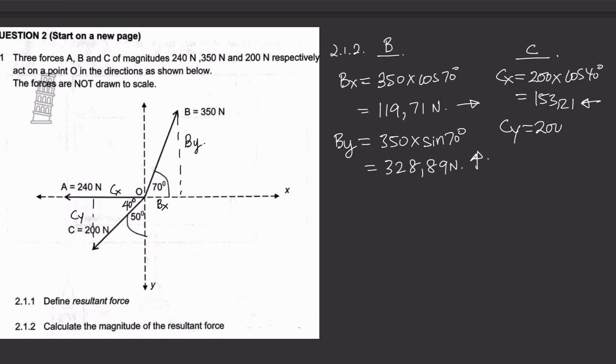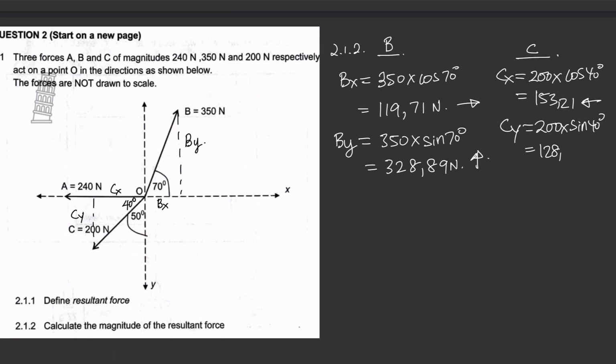Cy is 200 times sine of 40 degrees, which is 128.56, and that's pointing down. And then for A, it is simply 240 to the left.